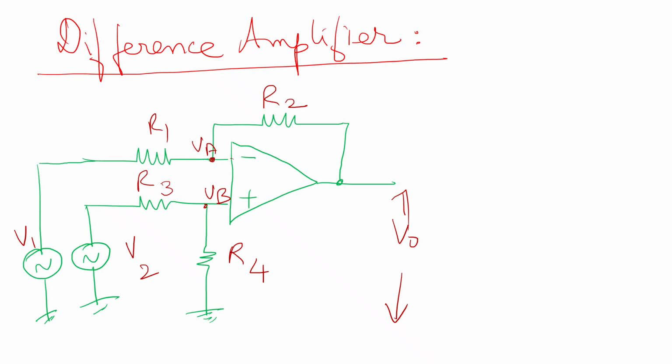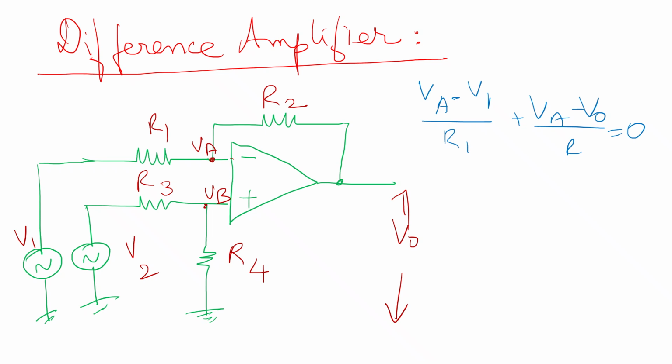it will amplify. If R1 equal to R2 is equal to R and R3 is equal to R4 is equal to RF, then according to KCL, we will be getting VA minus V1 divided by R1 plus VA minus V output divided by R2 is equal to 0 because the same current flows through.